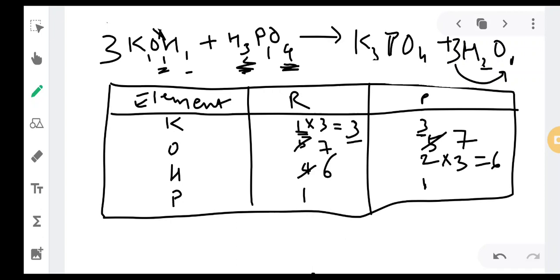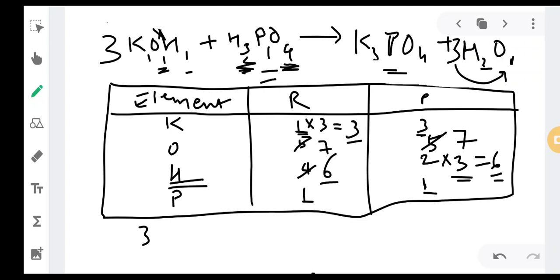So oxygen has been balanced. Hydrogen we had already balanced by putting 3 on the right hand side, so hydrogen was balanced, and by putting 3 on the left hand side, oxygen was balanced. For phosphorus, there is only 1 atom on the left hand side and 1 atom on the right hand side, so both sides are equal.